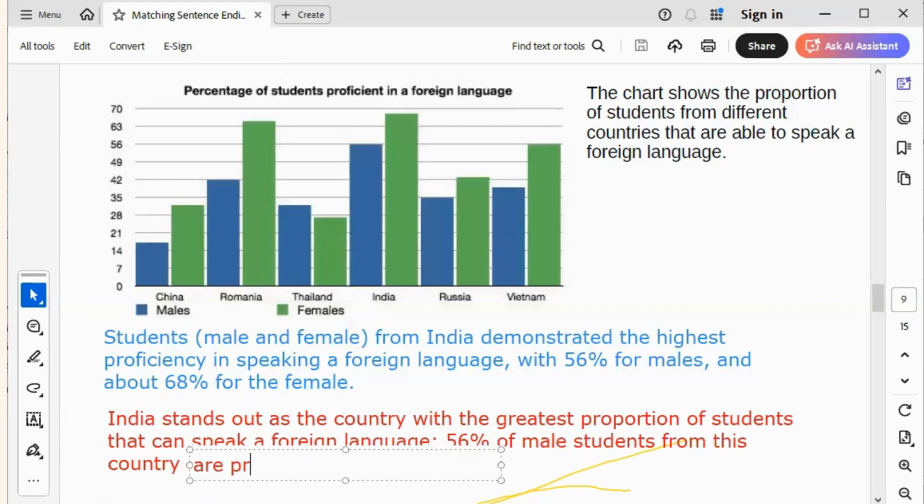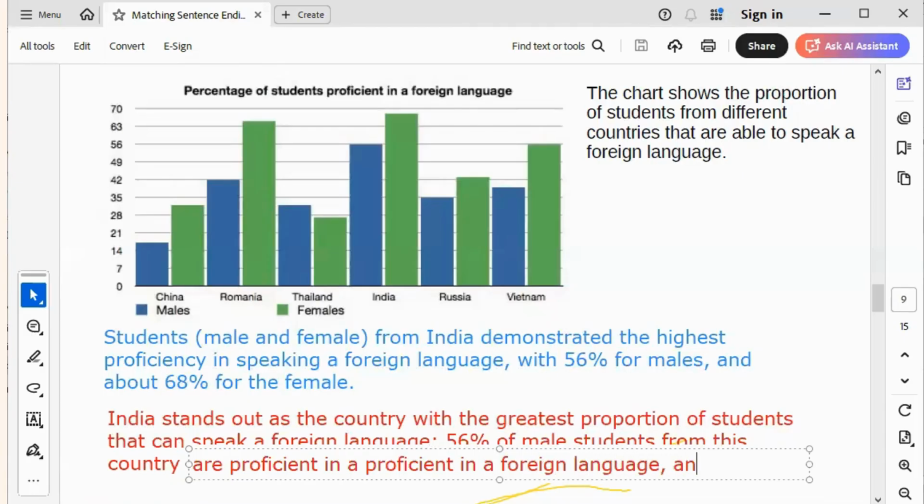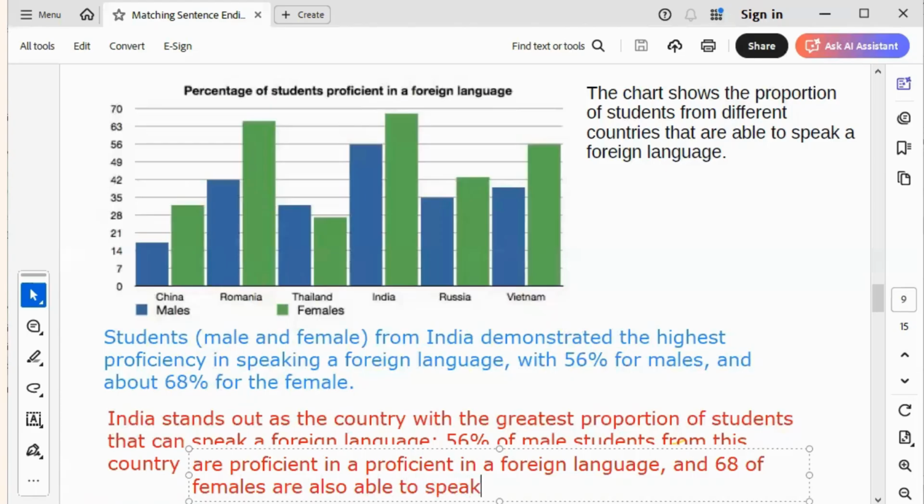Male students from this country are proficient in a foreign language, and 68% of females are also proficient, are also able to speak a foreign language. So this is what this sentence should have sounded like.